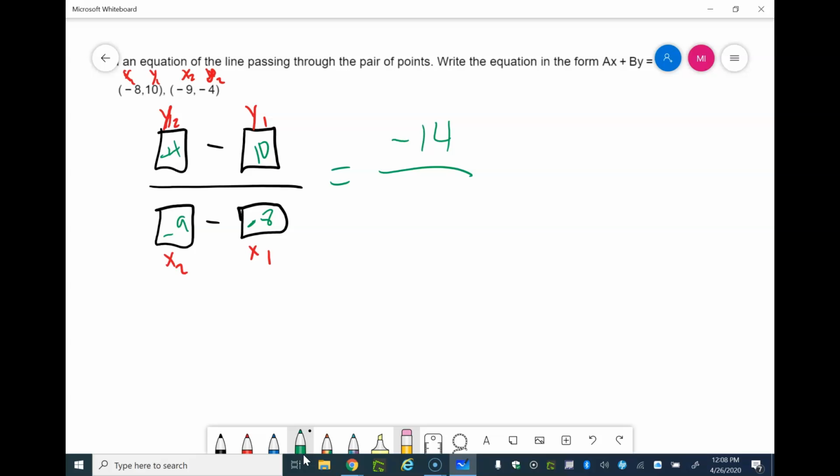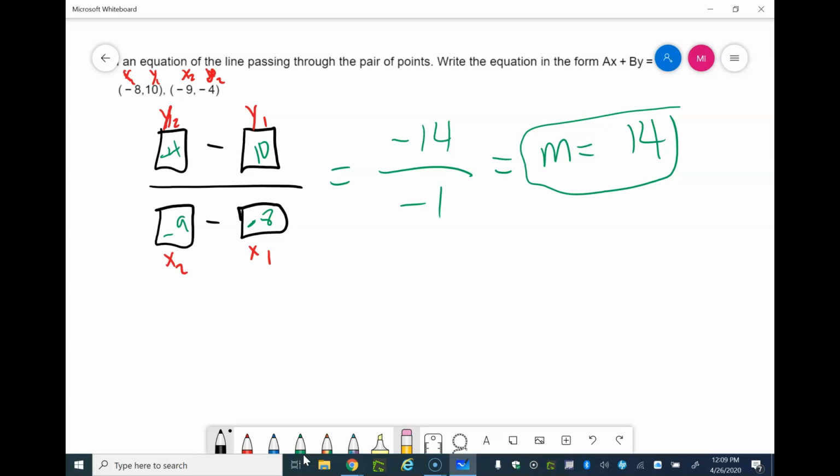And negative 9 minus a minus, so that means that goes to plus. So that's going to be a negative 1 on the bottom. Two negatives make a positive, so my slope is going to equal 14. You do not have to leave it as a fraction. We know 14 divided by 1 is just 14, and you can just write that as your slope. So we're almost there, almost done.